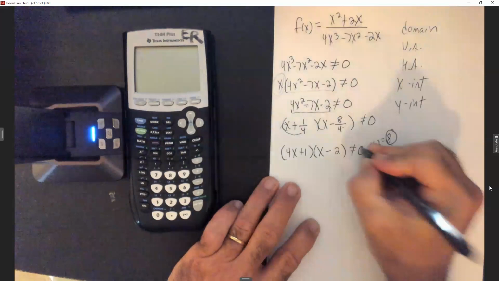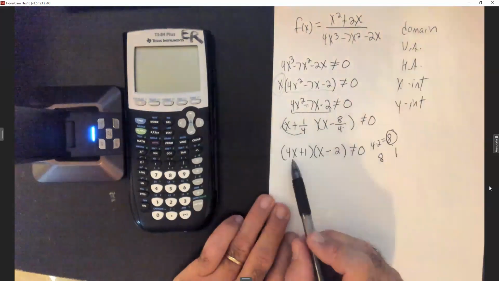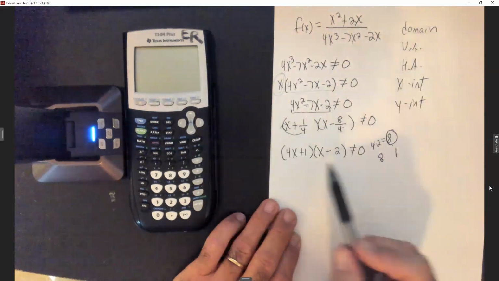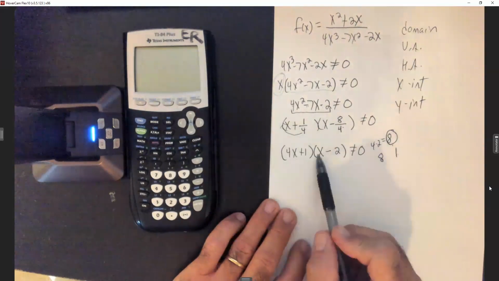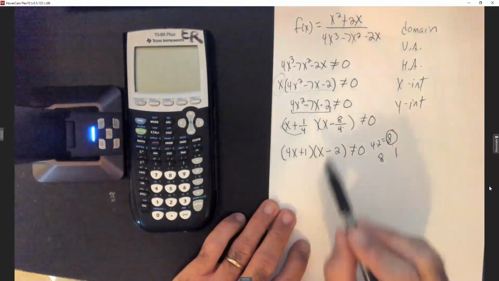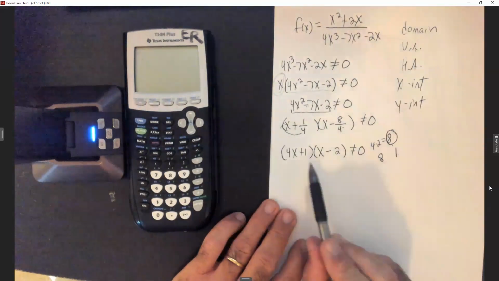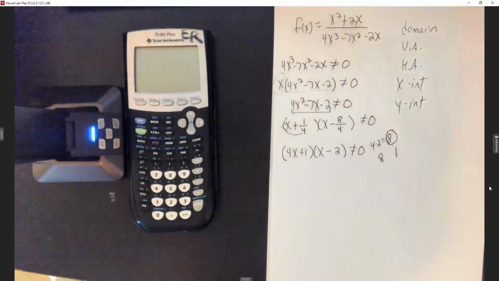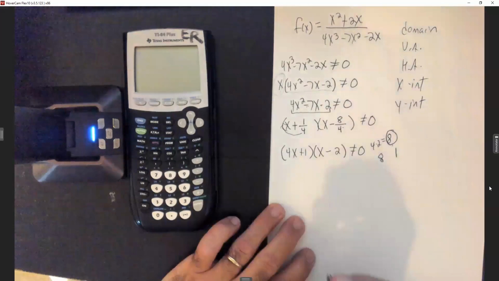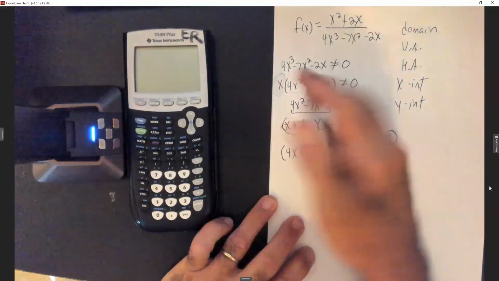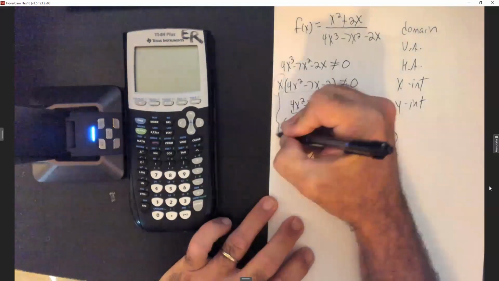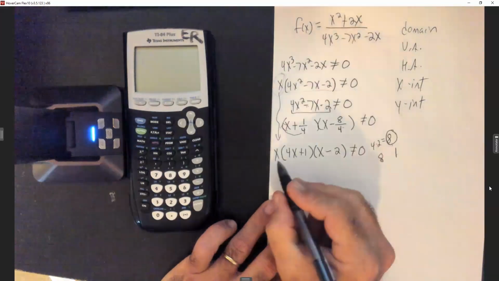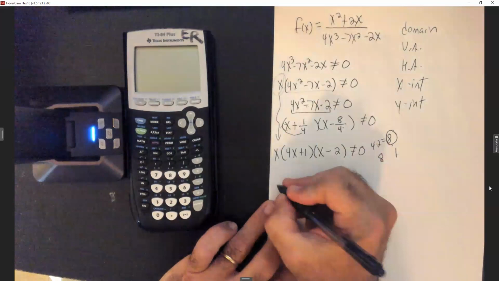If you wanted to check it, 4 times x is 4x squared. 4x times 2 gives you negative 8x. 1 times x is x. Negative 8x and 1x give you negative 7x. And then 1 times negative 2 gives you negative 2. All right, so I've got everything factored. And remember, this x is technically still in the front of that, okay? So take all 3 of these factors and set them not equal to 0.